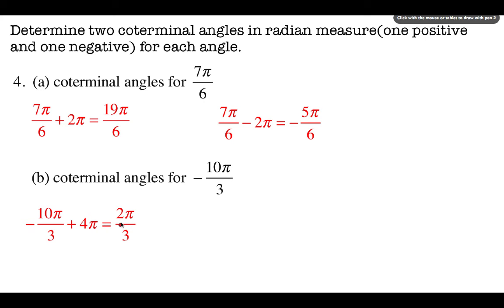I'm adding not 2 pi, I'm adding 4 pi, and that's how I end up with 2 pi over 3. To come up with a negative, I don't have to worry about that one, just take away 2 pi, and then I end up with this. So all these angles have the same initial and terminal side. Different values, but same initial and terminal side.